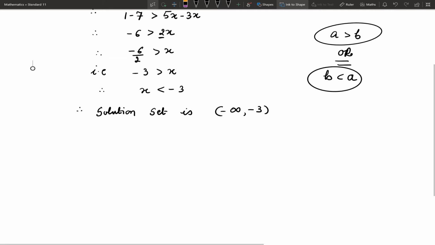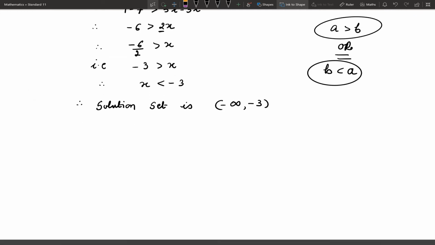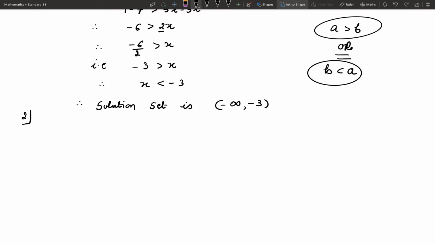Next example. Solve for real x: 3 into x minus 1 less than or equal to 2 into x minus 3. Solution.